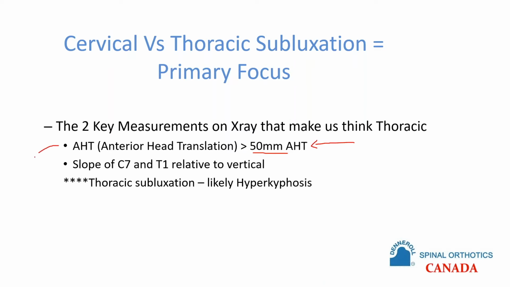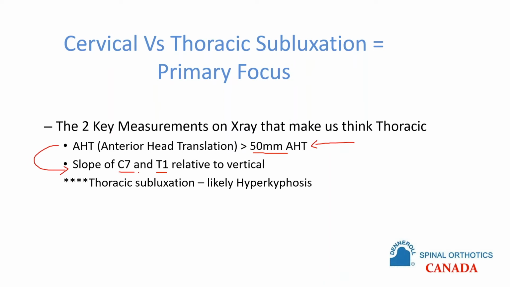So how I'm going to estimate that is I'm going to take this next measurement, which is the slope of T1 relative to vertical. That is an indirect measurement of my thoracic spine. Very low values, close to 0, tell me that the thoracic spine is very flat. Very high values of C7 and T1 tell me that I have a very rounded, likely hyperkyphotic thoracic spine.